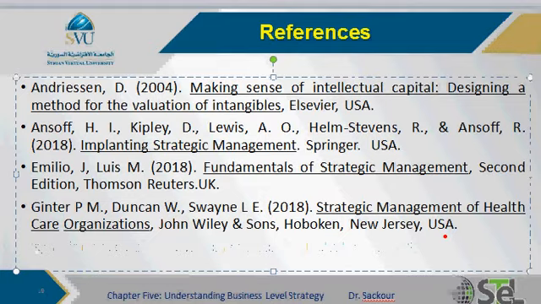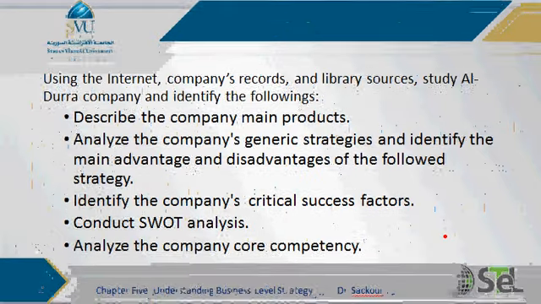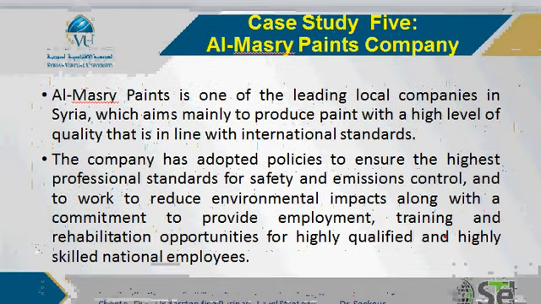At the end of each chapter, we provide you with a case study. Let's get back to the case study. Case study number 5, Al-Masri Paints Company. Al-Masri Paints is one of the leading local companies in Syria, which aims mainly to produce paints with a high level of quality that is in line with international standards.